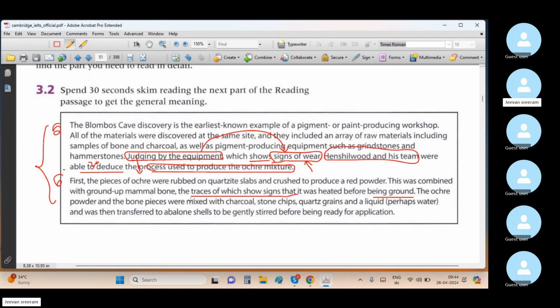Right? Is it clear, buddies? Signs of wear on the equipment was used by the scientist to deduce, which means to conclude, to understand the process of making ochre mixture. Ochre mixture is for painting.